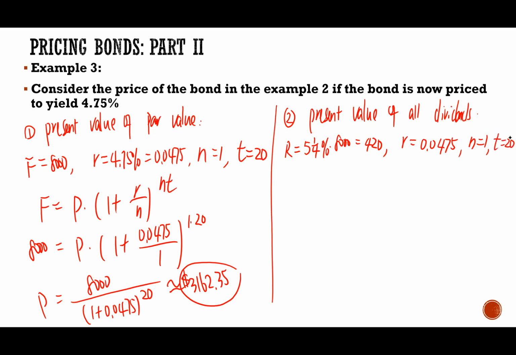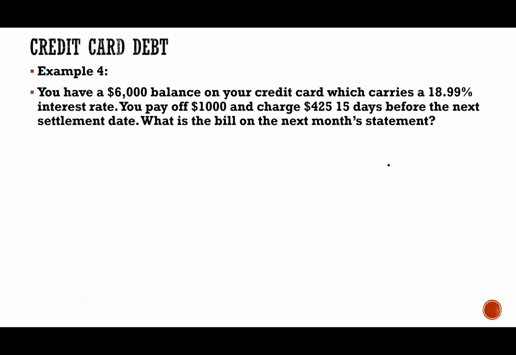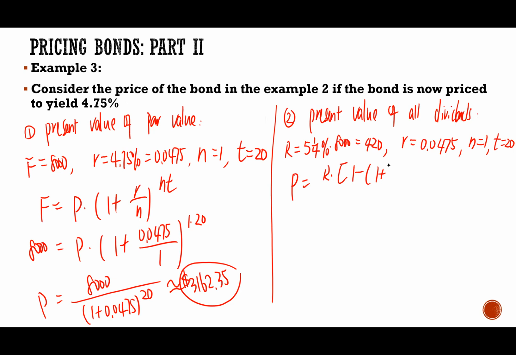So one more time, we're using the present value of the annuity: regular payment times 1 minus 1 plus the rate. The rate is 0.0475 over 1, so you can just write 0.0475 without dividing by 1. We can omit it and raise to the negative 20th power. That would do it for the numerator.